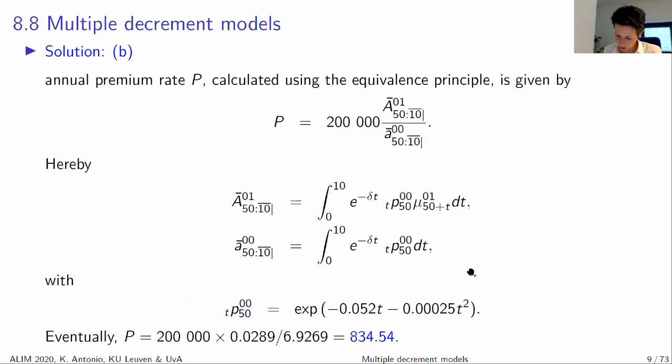So here we find a premium of 834.5, whereas in the previous setting, we had a premium of 875. So we see that if you do take the possibility to lapse your contract into account, you'll get a lower annual premium rate.